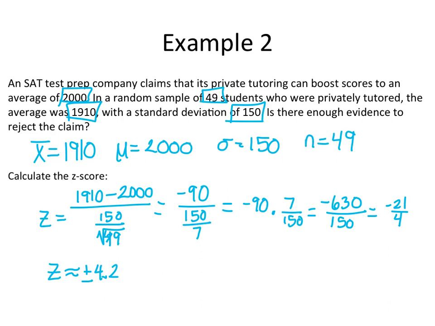And when we're using the z-score to determine if we can reject a null hypothesis or reject a claim, we always take the absolute value of the z. So the absolute value of our z-score here would be 4.2. That is a value that is greater than 1.96, which means, yes, there is enough evidence to reject the claim.